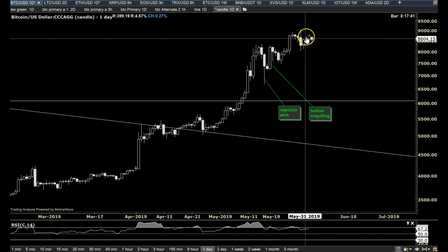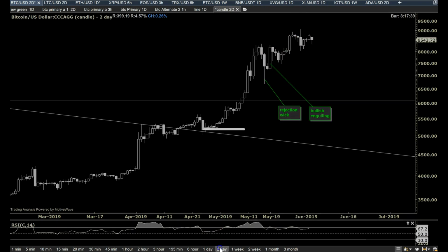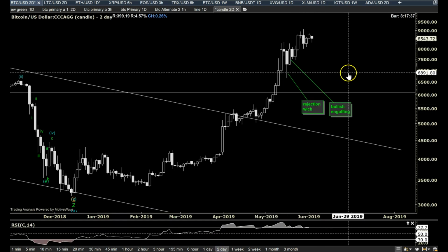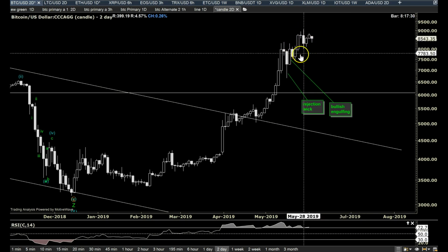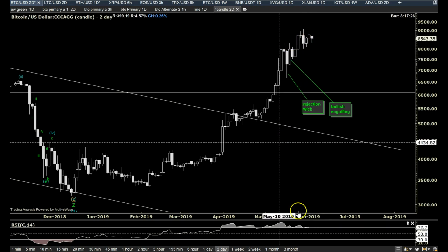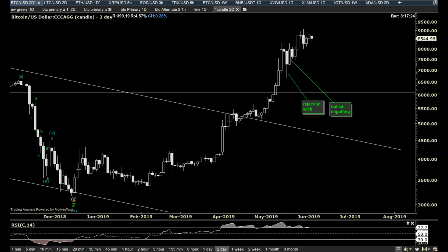But now we're kind of stalling up here, and if I go to a 2-day chart, it still looks bullish. I don't know. On a 2-day chart, there's no indication right here that the market is turning, right? I think you are having some divergences here, and that's pretty normal.